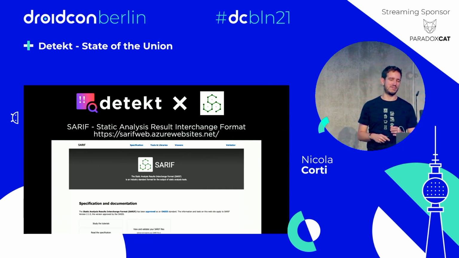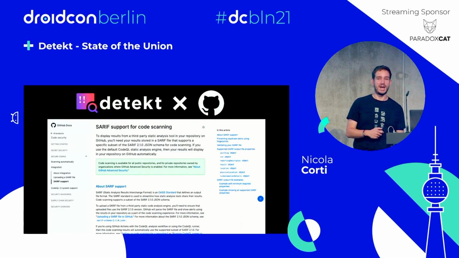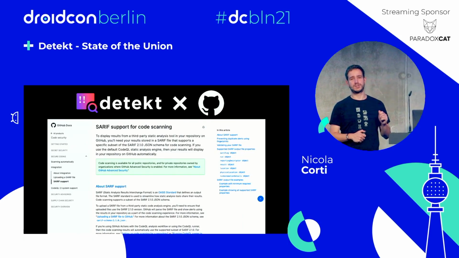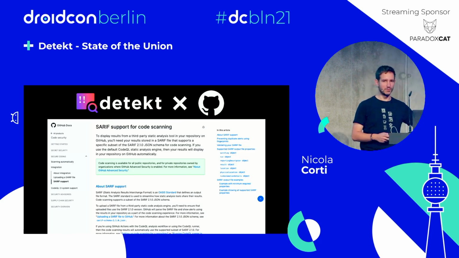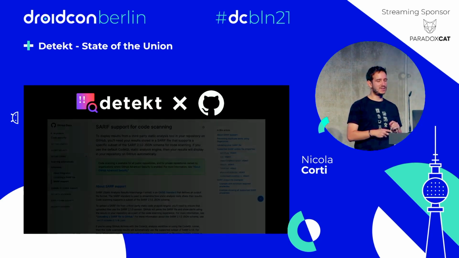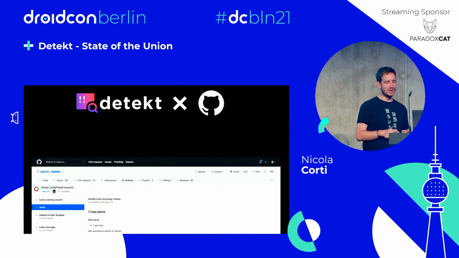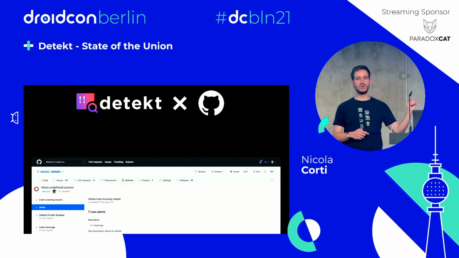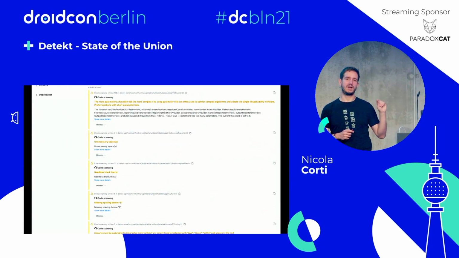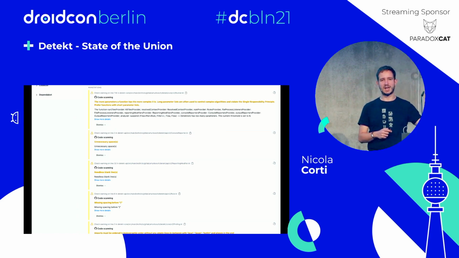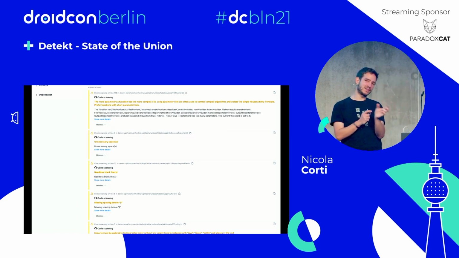And why is this relevant? Because GitHub has native support for Sarif reports. It means that if you wire everything, you can basically go on GitHub, and whenever there is a pull request, you will see inline comments in the code scanning tab, and there will be the Detekt issues and the description of the issue.